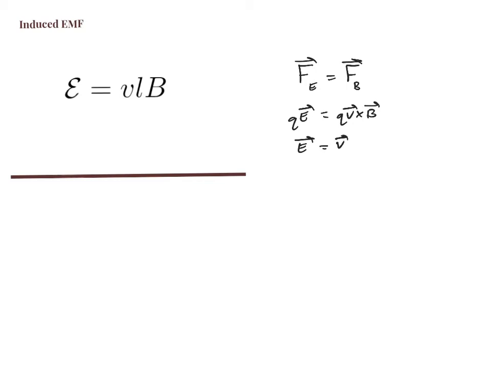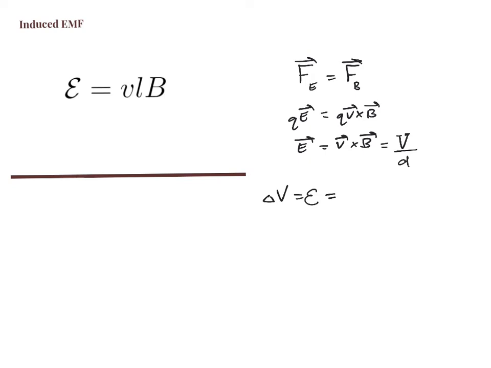Field equals V cross B. And then we also said field was equal to big V, for voltage, divided by the distance across the things. So you could say that the voltage, the change in potential, which is the induced EMF, equals V cross B, which is VB sine alpha.